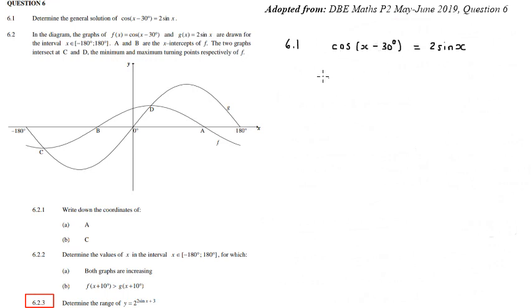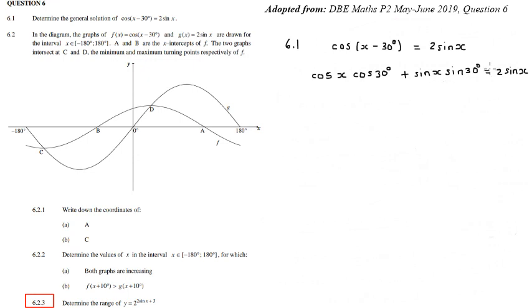If we expand this out, we'll have the cos of the first angle, which is x, times the cos of the second angle, which is 30 degrees. The sign will change, and then we'll have the sine of the first angle times the sine of the second angle, and all of this will equal 2 sine of x.